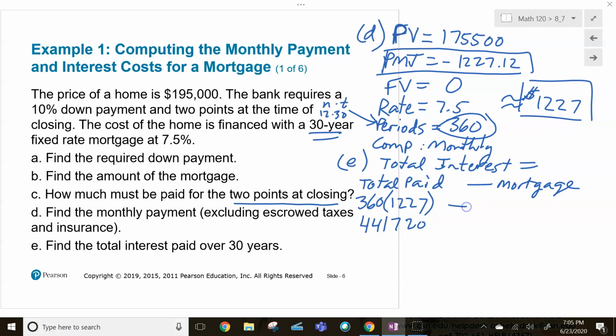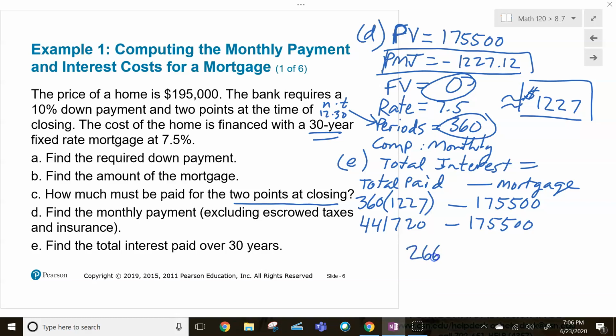Now we get to keep the house. So subtract the mortgage from that. That's the difference, right? Because we were borrowing 175,500 just to buy the home. And after the 30 years is up, we owe the bank nothing, right? We own the home outright at that point.